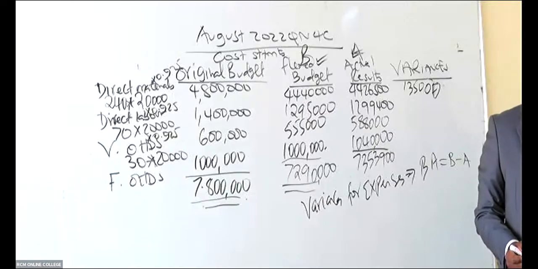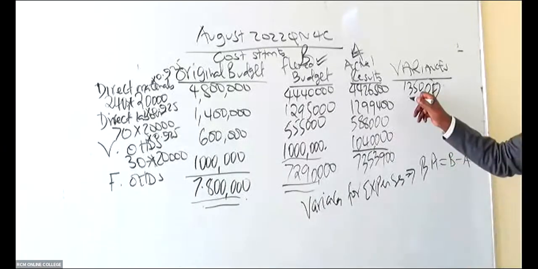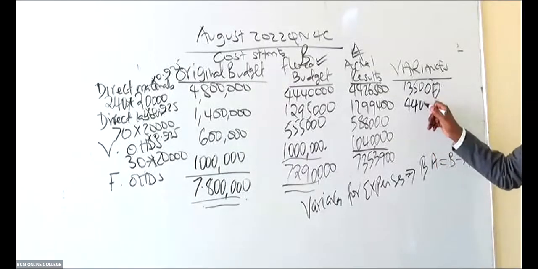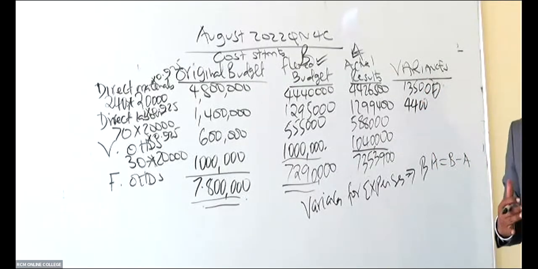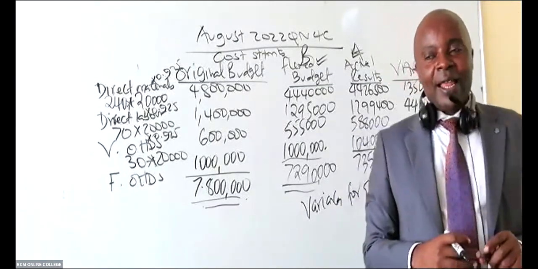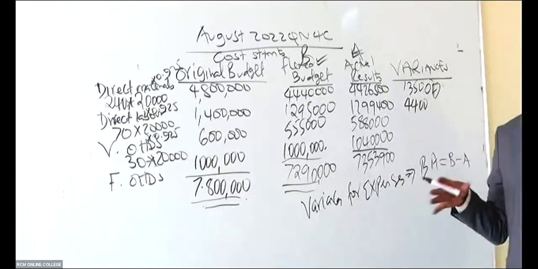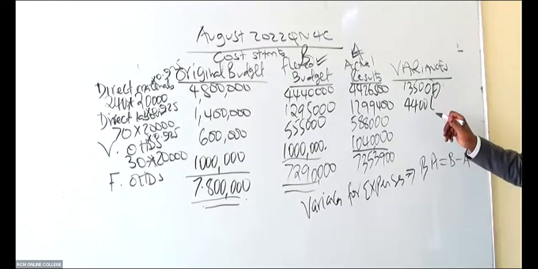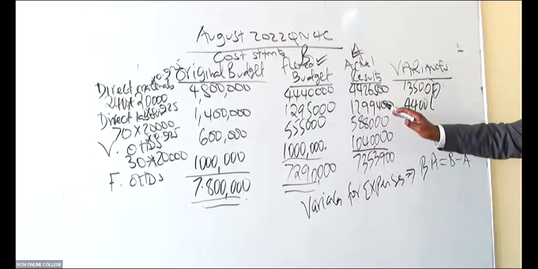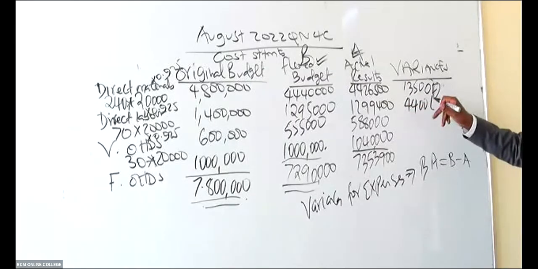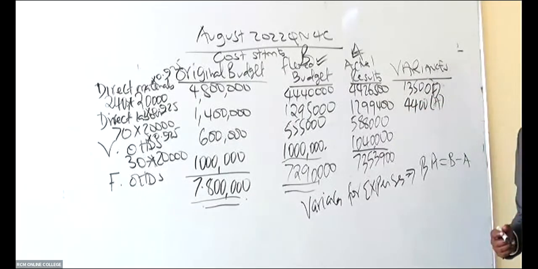Is it positive or negative? If it's negative, I know if I'm using this concept of BA, all negative variances are bad, adverse. I don't have to keep on reasoning. If I get negative, I don't write negative, I write adverse.